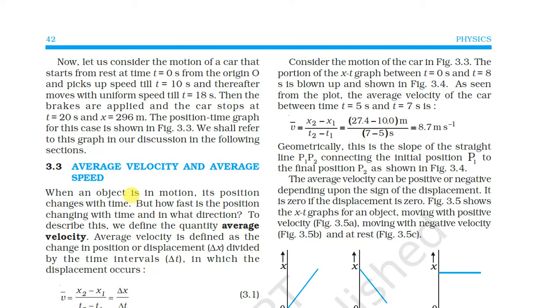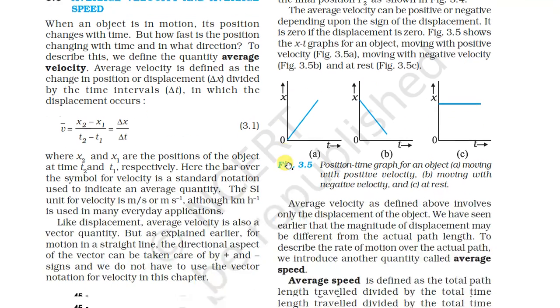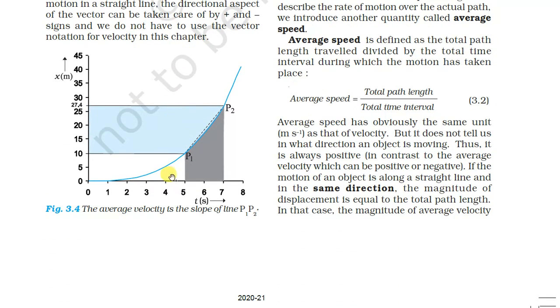As seen from the plot, the average velocity of the car between time t equals 5 and t equals 7 is v bar equals x2 minus x1 divided by t2 minus t1. Between 5 seconds and 7 seconds, this is t1 and this is t2, and this is our x1 and this is our x2.